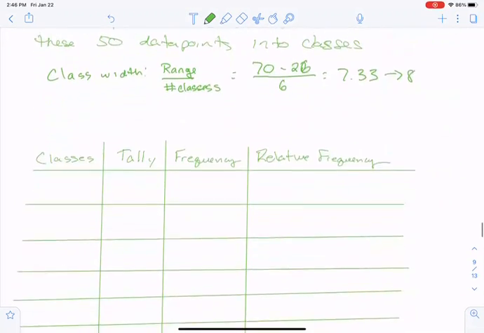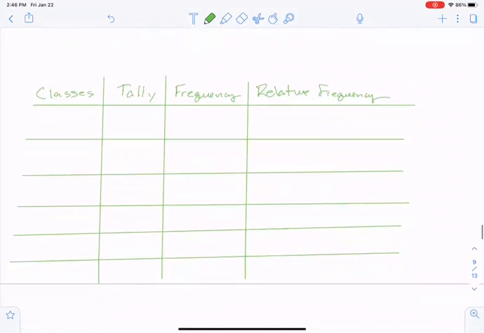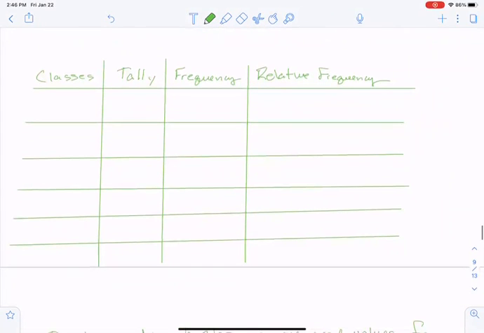With that in mind, we want to build our classes. Here is a very basic table that we'll build our relative frequency distribution in an effort to build our histogram. We need to start with the first lower class limit. Since our initial value was 26, we want to pick something just smaller than that. 25 seems to be a good value. We're not going to build the upper limit first.